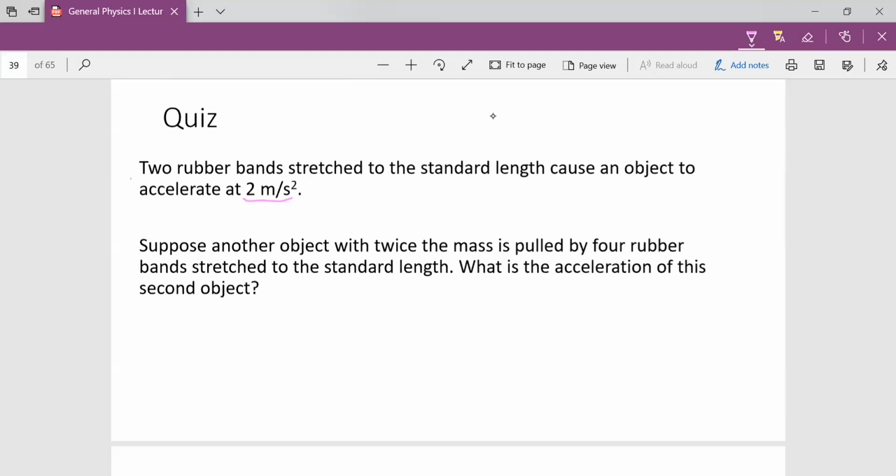We're pulling with 2, we increase the mass and we increase the force by about the same proportion. The question is, what is the acceleration of the second object? Suppose another object with twice the mass is pulled with 4 rubber bands stretched to the same standard length.